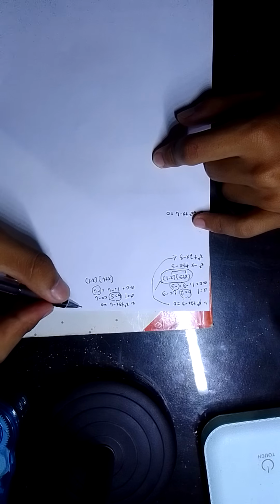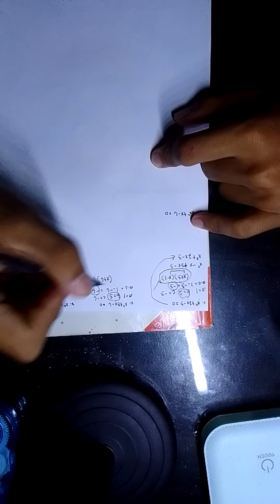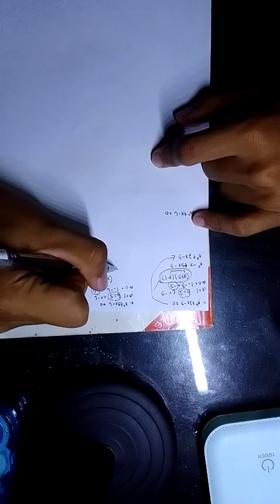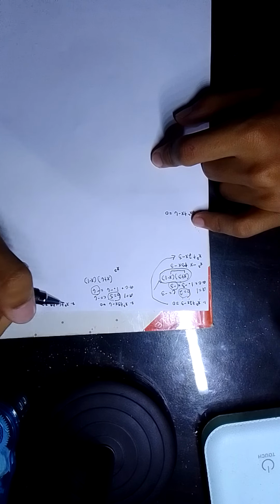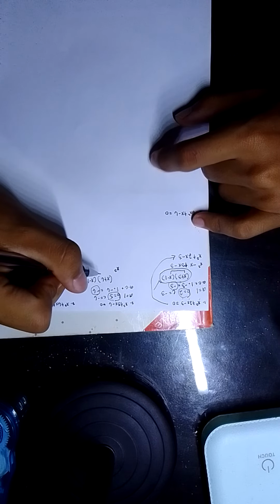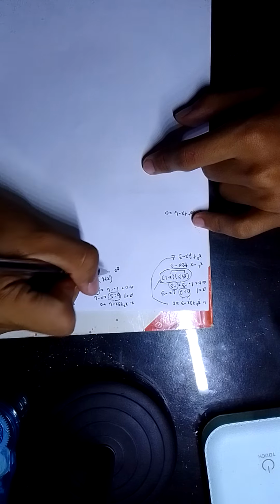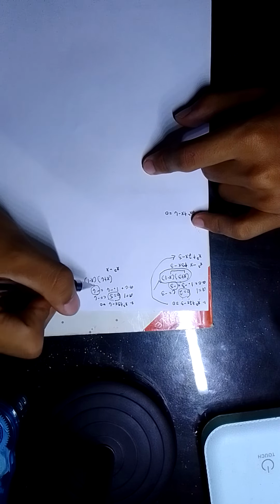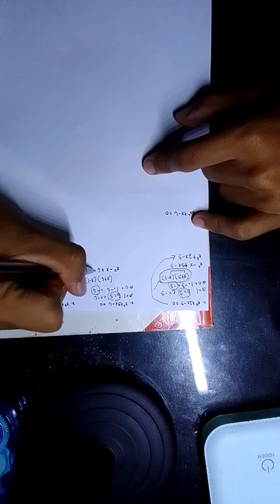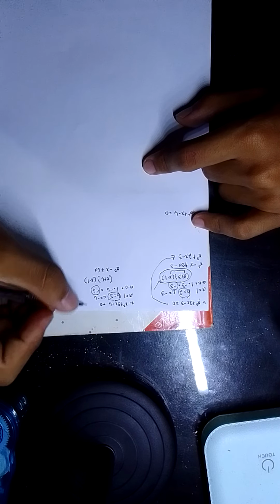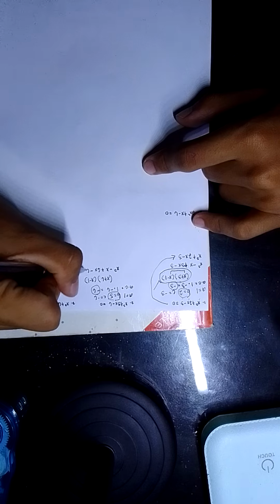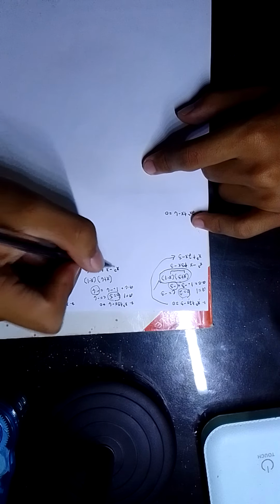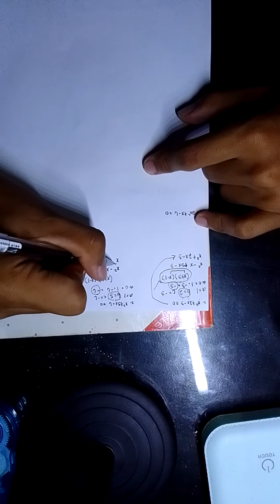Okay, then let's check if it is right. x times x is x squared. Then x times negative 1 is negative x. Then 6 times x equals 6x. Then 6 times negative 1 is negative 6. Combine the like terms.